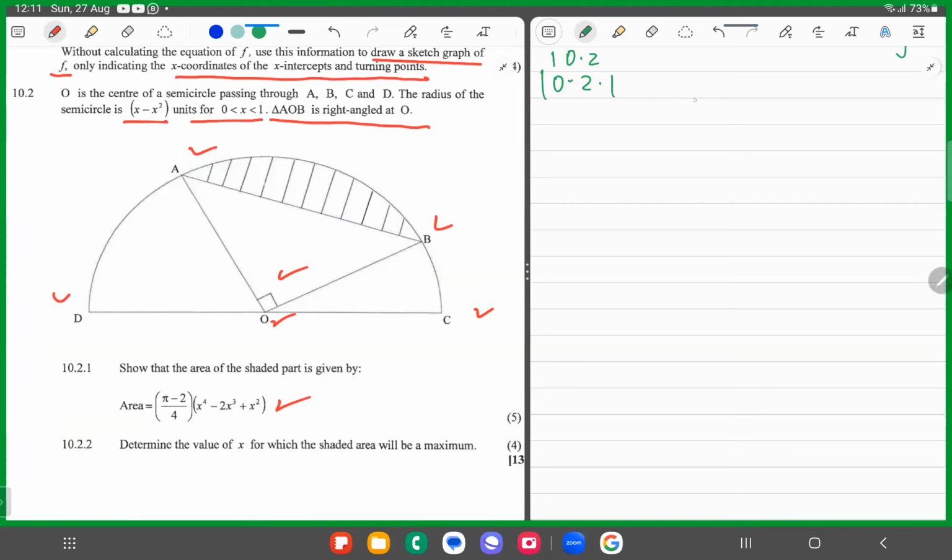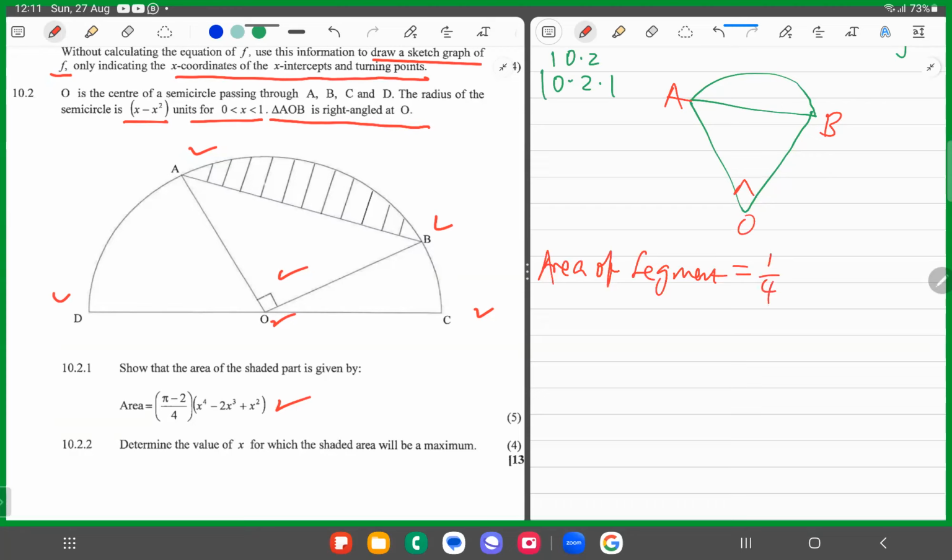Okay, straightforward. You need to look at the fact that if you have this here, the area of the segment. Area of big circle.